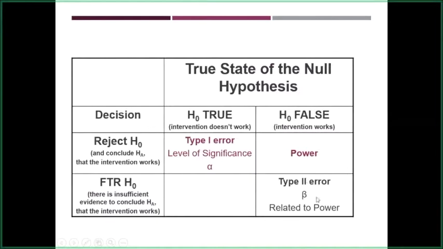So we limit the type 2 error probability by specifying beta, or conversely, by specifying a target power, because that's just the converse. So if the null hypothesis is false, the intervention works, and we're able to conclude that it works, that's a good decision.